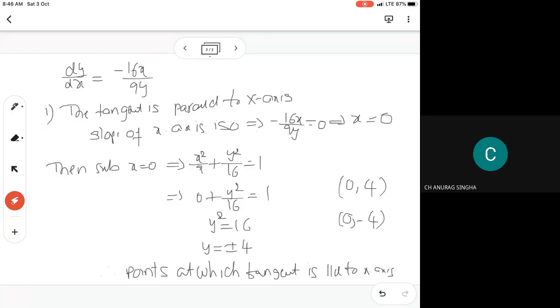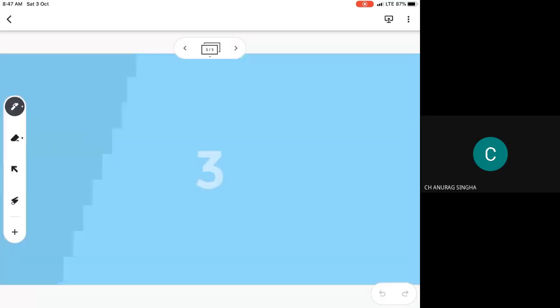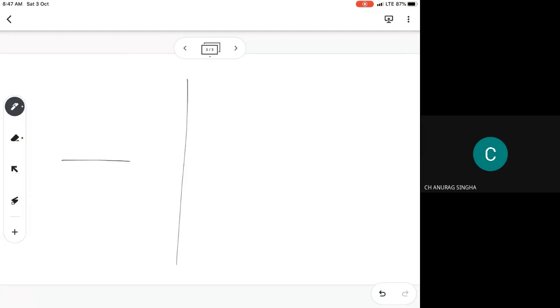See here, the slope of the x-axis is 0, and the slope of the y-axis is undefined. Why? Because you have learned this in the straight lines concept. How do you find the slope?